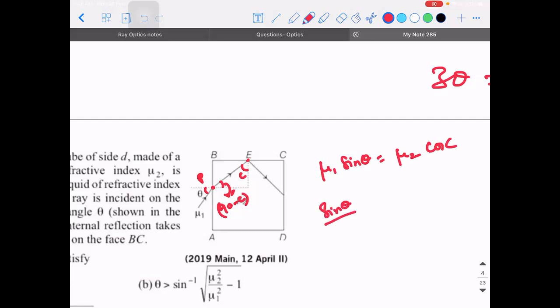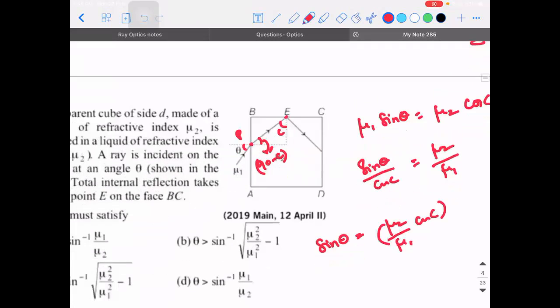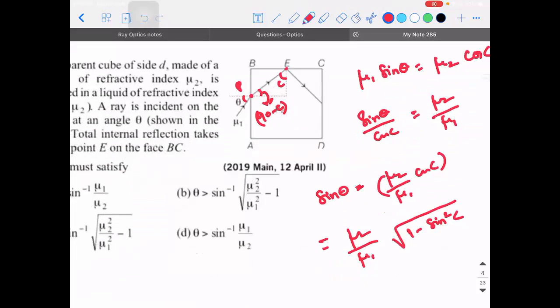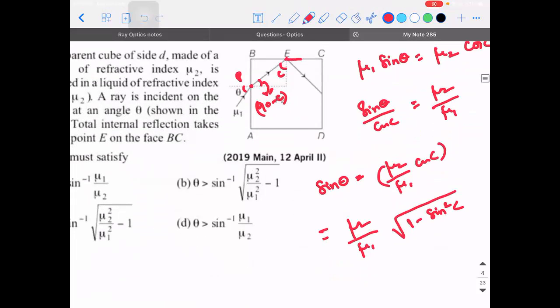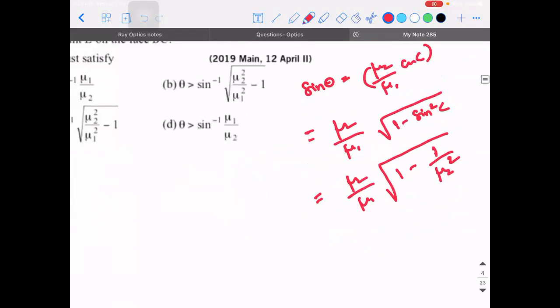So sin theta divided by cos C is equal to mu2 divided by mu1. Our interest of study is theta. So mu2 by mu1 times cos C. What is cos C? Mu2 by mu1 into root of 1 minus sin square C. How to find the critical angle at this point? So sin C is equal to 1 by mu2. So mu2 divided by mu1 into root of 1 minus 1 by mu2 square.